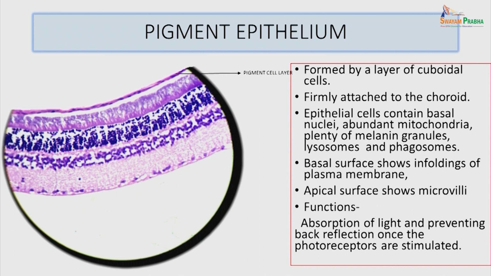The basal surface shows infoldings of the plasma membrane. Apical surface shows microvilli. Functions: absorption of light and preventing back reflection once the photoreceptors are stimulated. So here we are seeing the pigmented epithelium, and this is close to the choroid.